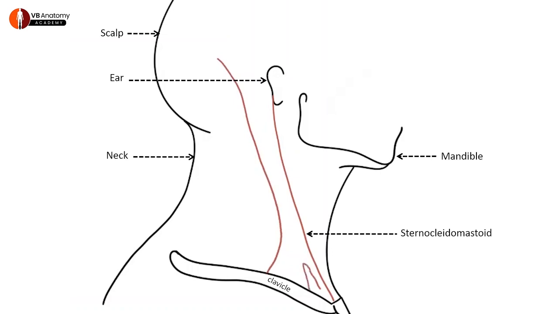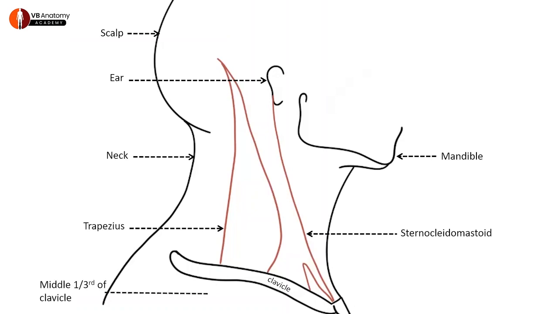Draw a little triangle here indicating the sternal and the clavicular heads of sternocleidomastoid. From the superior nuchal line, take a line downwards to your clavicle at the junction of medial 2/3 and lateral 1/3 of clavicle. And here you have your posterior triangle, anteriorly bound by the sternocleidomastoid, posteriorly bound by the trapezius, and inferiorly bound by the middle 1/3 of clavicle.